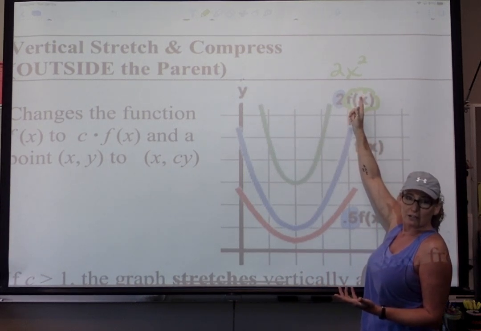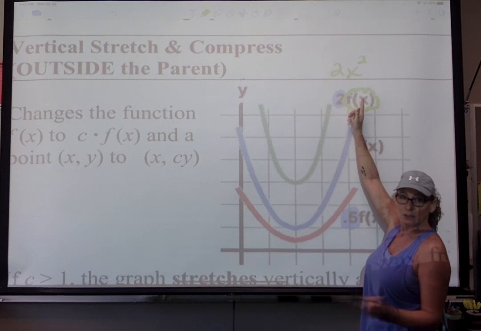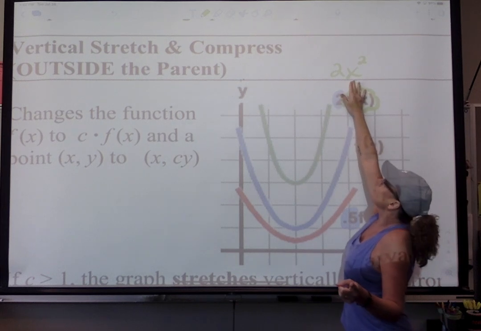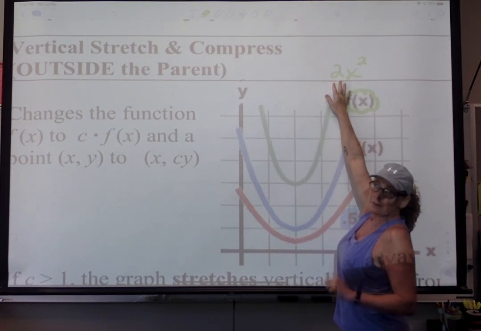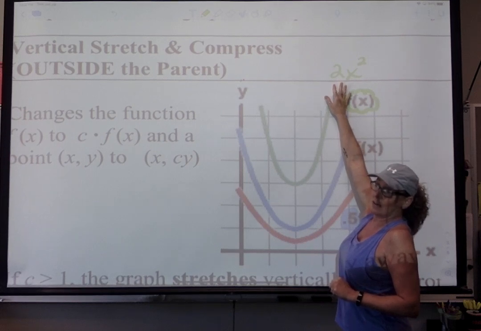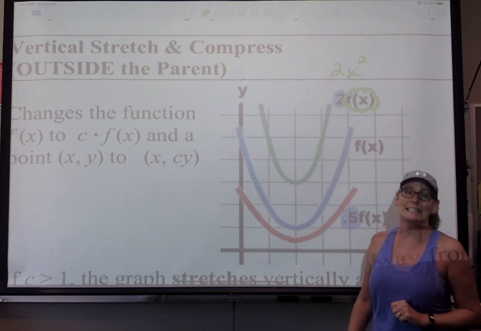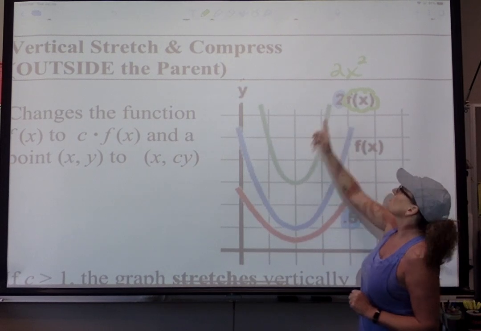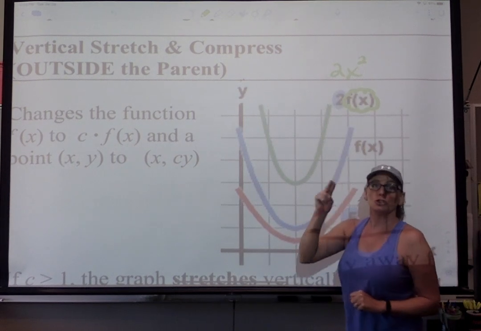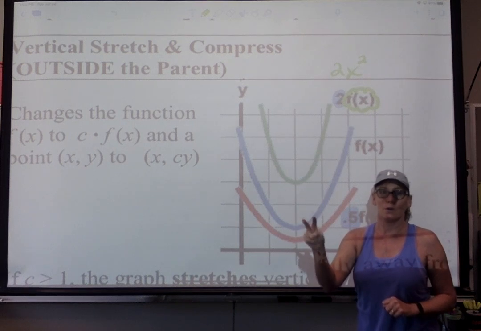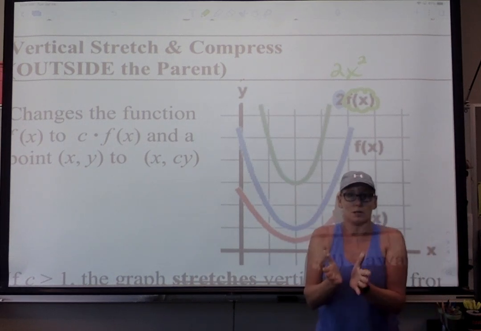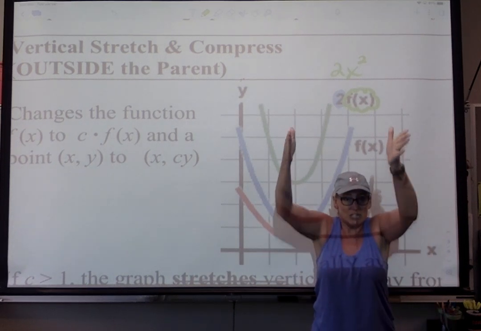Pick a number, square it, you get 9. That's your y value. Now, this says multiply that by 2. Oh, well, 9 is no longer my y value. Now my y value is 18. So this makes all your y values 2 times bigger, which makes your parabola quite stretchy.